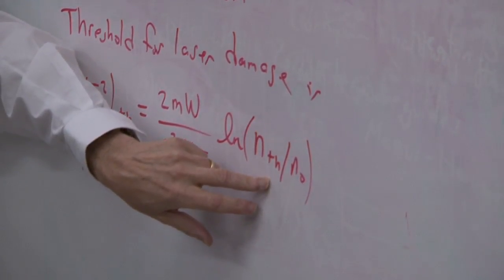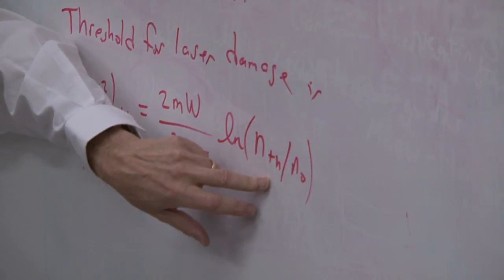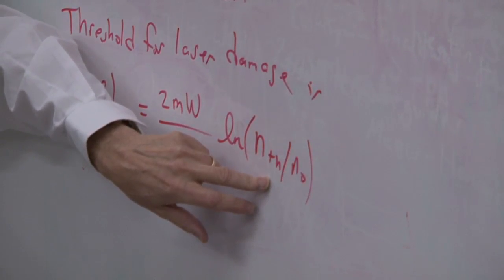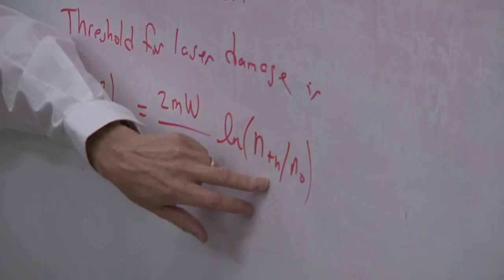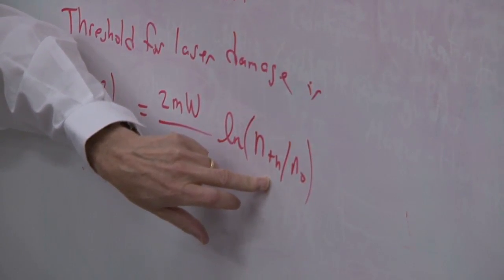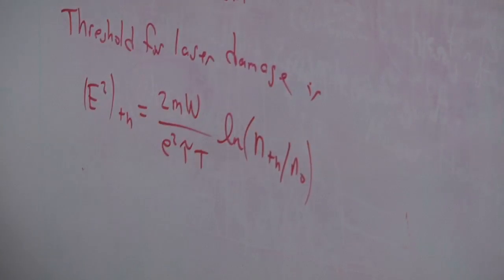So even if you don't know these very accurately, it only comes in logarithmically. So you take any realistic guess, and you're not going to be off by more than a factor of 10.